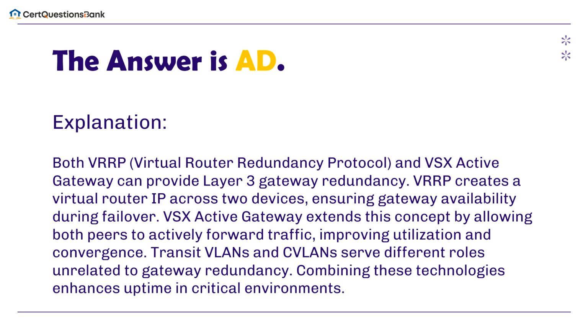VSX Active Gateway extends this concept by allowing both peers to actively forward traffic, improving utilization and convergence. Transit VLANs and CVLANs serve different roles unrelated to gateway redundancy. Combining these technologies enhances uptime in critical environments.